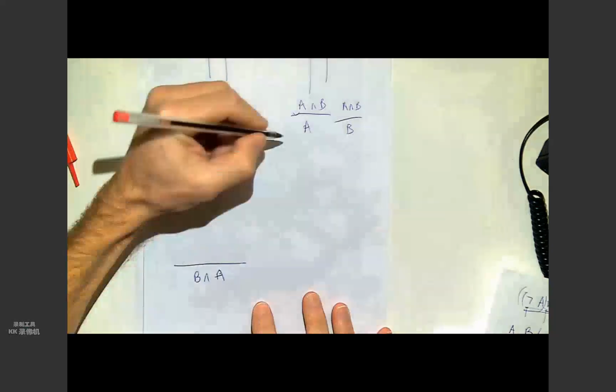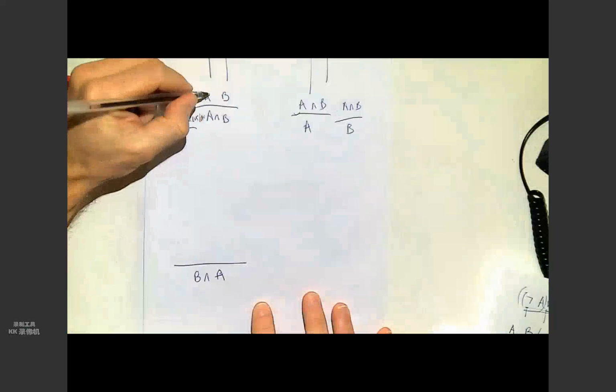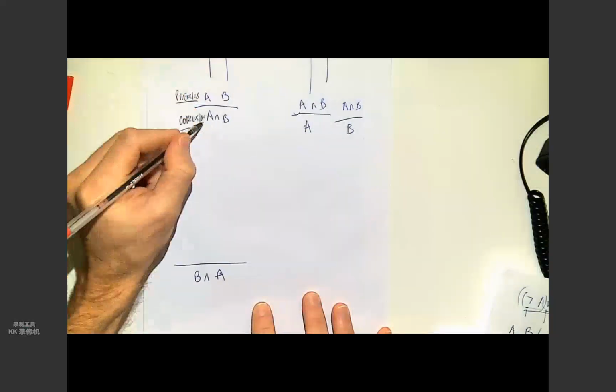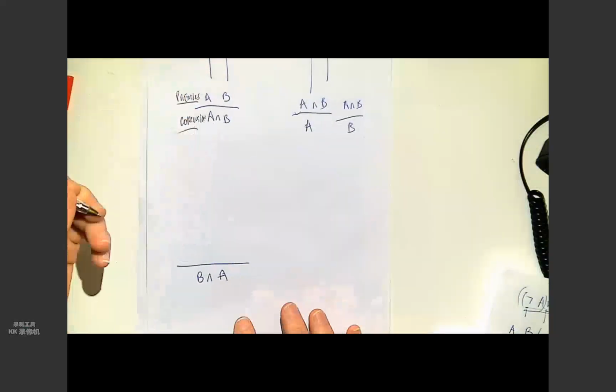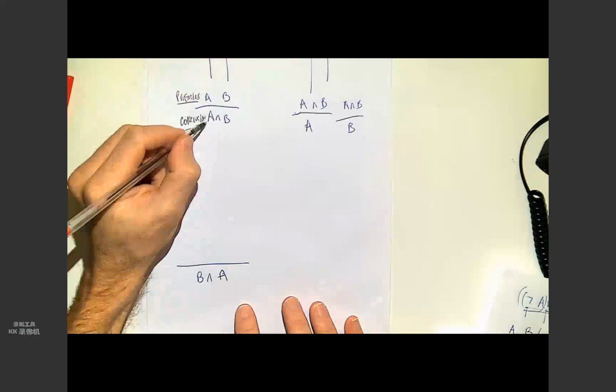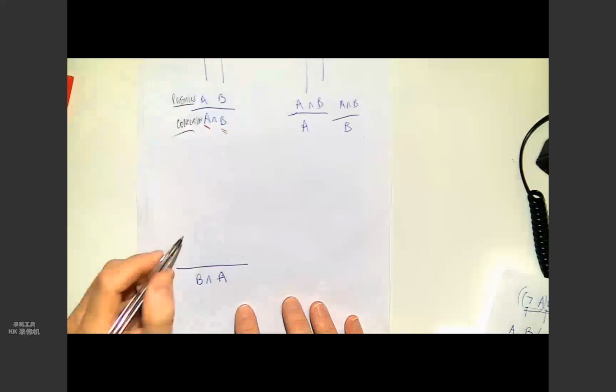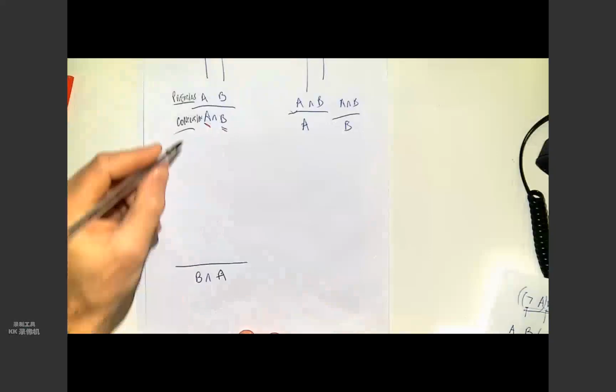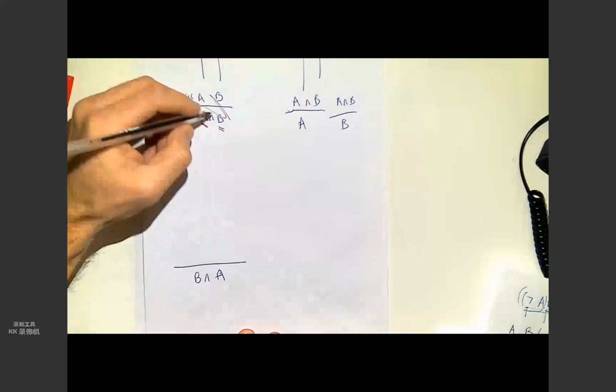And these proof rules are by pattern matching. So the proof rule says I will match something for A and something for B. Let me use another name to avoid confusion.